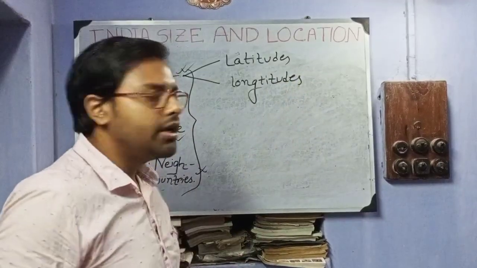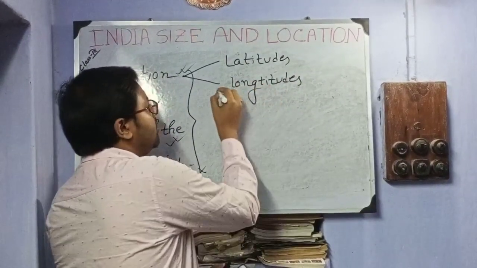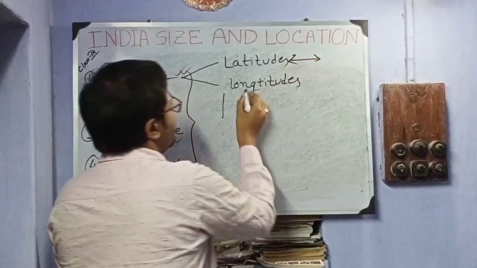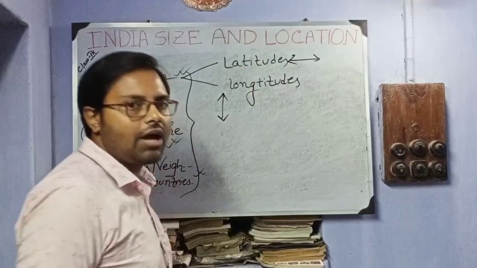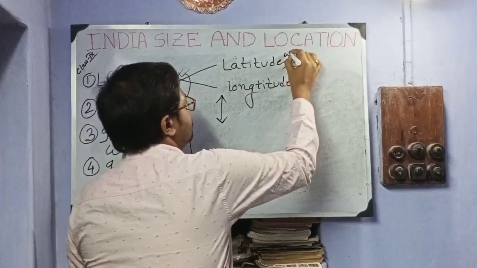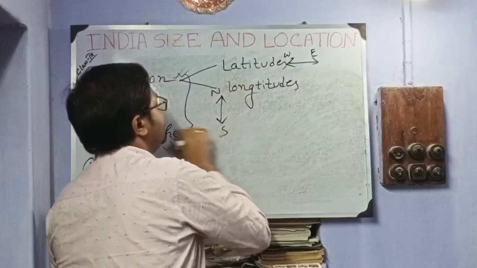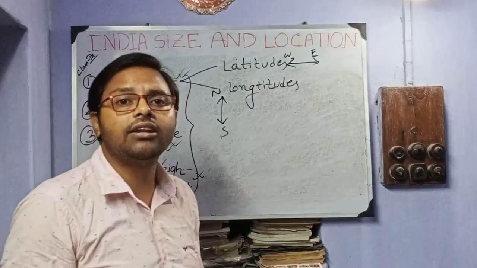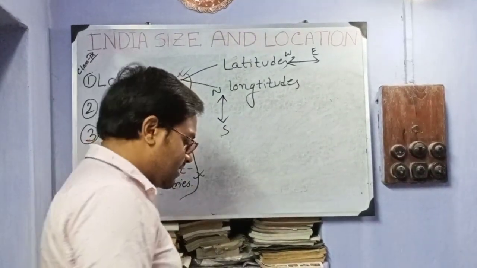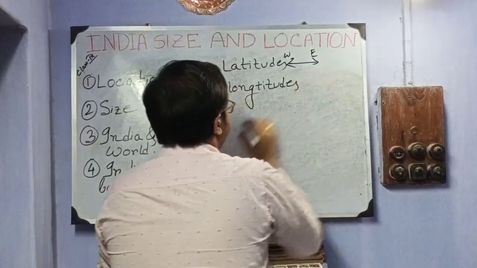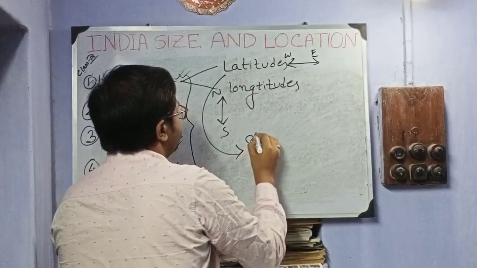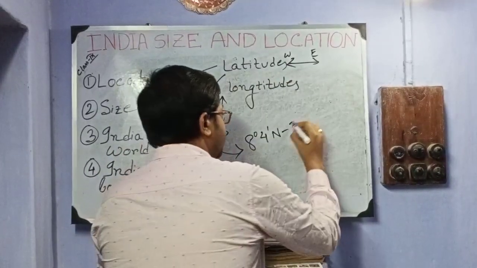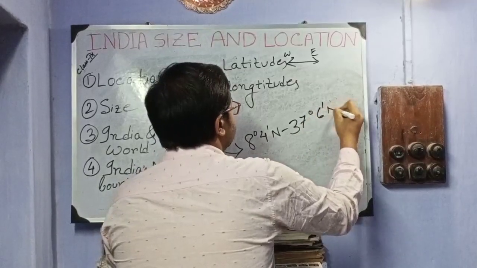What are latitudes? They are imaginary lines throughout the world from east to west, and longitudes are from north to south. Now what is the latitudinal and longitudinal extension of India? The latitudinal extension is 8 degree 4 minute north to 37 degree 6 minute north.